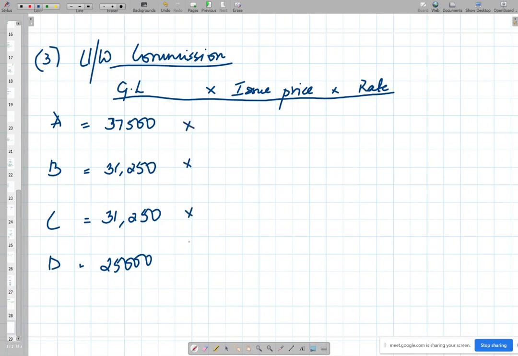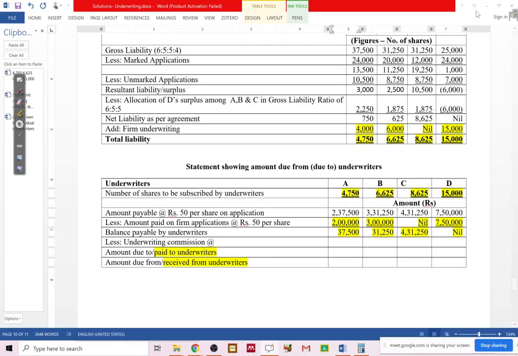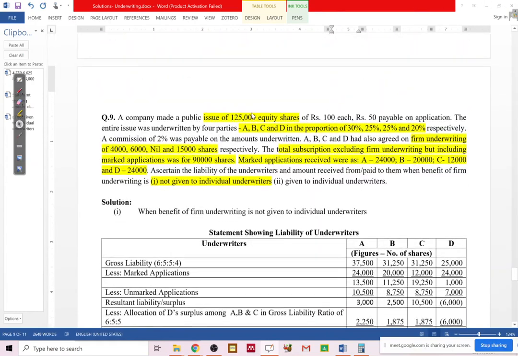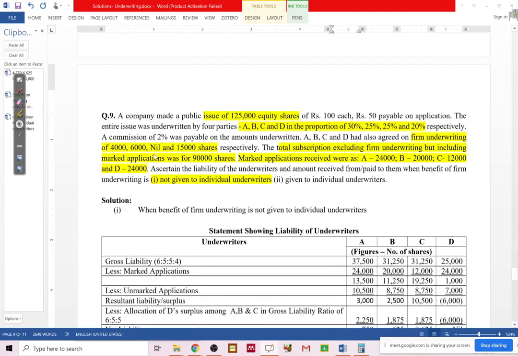The issue price given in the problem is rupees 100. The shares were issued at rupees 100, where the par or premium is not given, so we assume that the face value is also 100 and the issue price is also 100. Now how much commission is payable? Commission of 2% was payable.